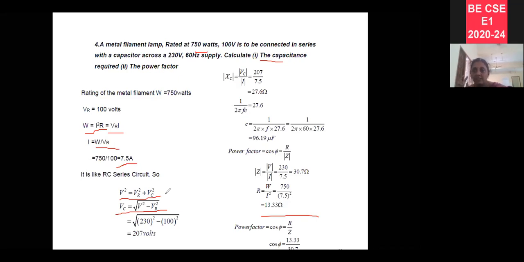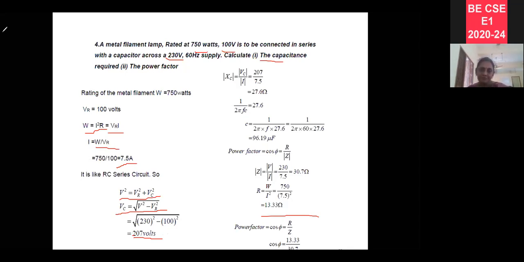Remember that illustration given for the RC circuit? Here the voltage drop across the entire circuit is 230 volts, and the voltage drop across the resistor is 100 volts, as given. So the square root of 230 square minus 100 square is 207 volts. So VC we have got as 207 volts.